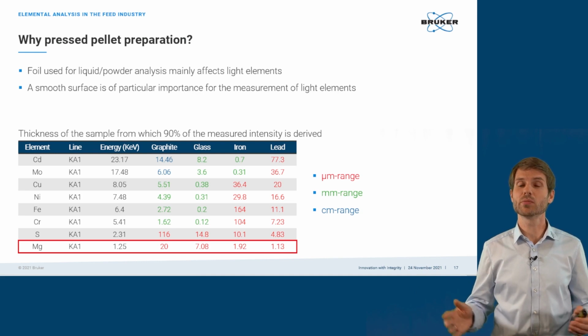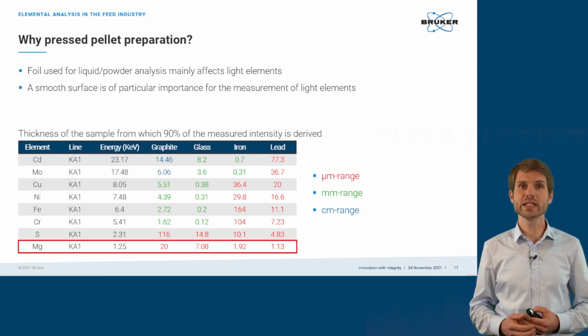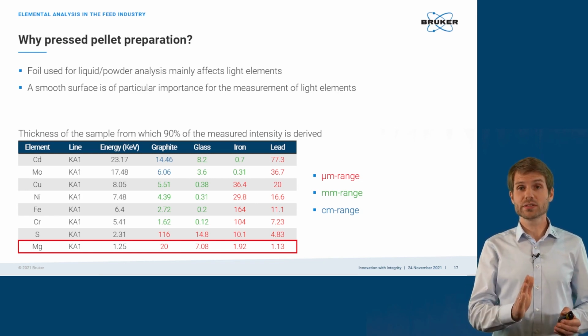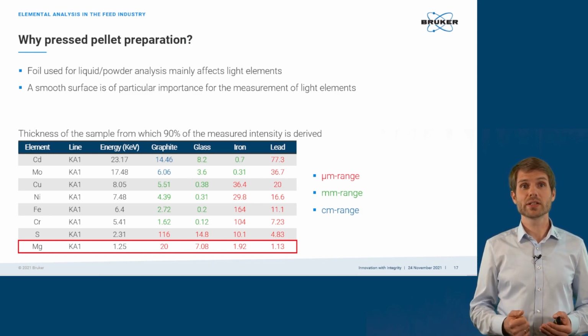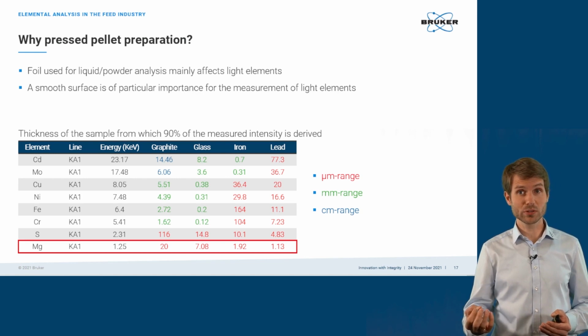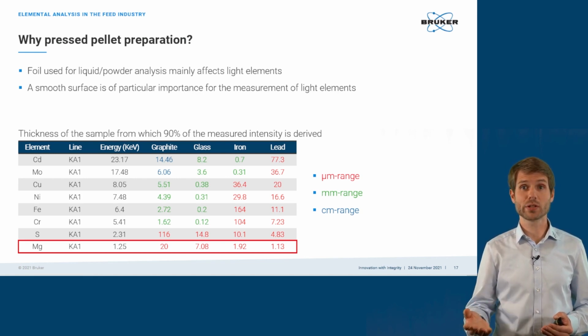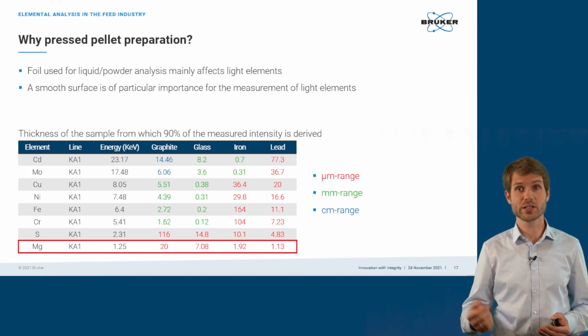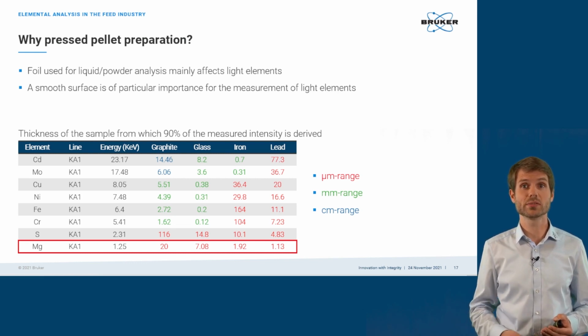So you're somewhere in between glass and graphite with a natural feed sample. Therefore, you want to have a smooth surface, and of course, you benefit from having no foil. This is the reason why pressing the sample is advantageous. When you have already ground the feed, you can typically press it without wax. So this is also saving a little bit on costs, as mentioned before, and it's really simple and straightforward.